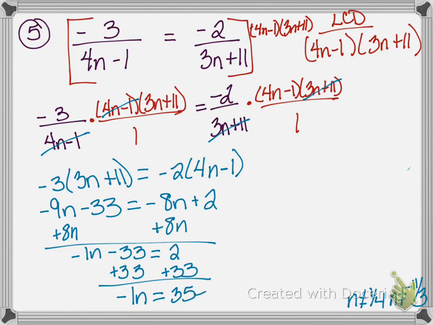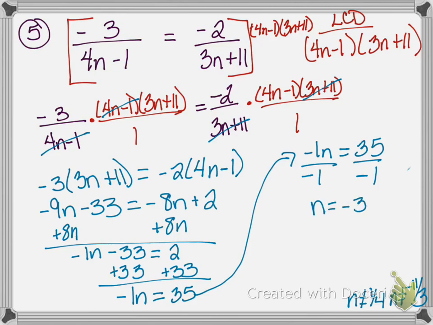Okay, I'm going to move my fractions because you guys know I write big. So I have negative 1n equals 35. So I'm going to divide by negative 1, and I get n equals negative 35. Okay, that is not one of our values that has to be thrown out. So our final answer here is n equals negative 35.